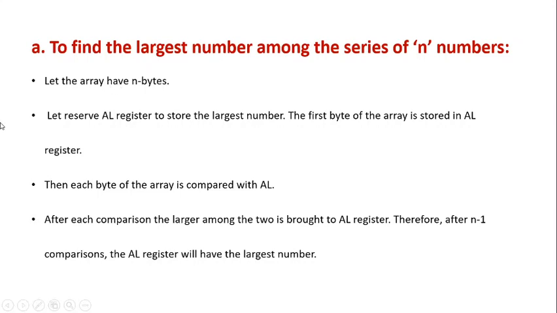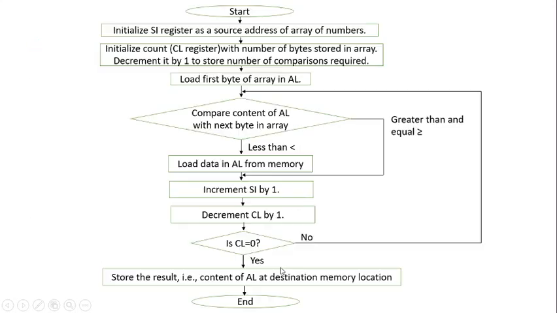We will take the first element of the array in AL, then compare this element with each byte of the array. After each comparison, we bring the larger of the two to AL, and therefore after n minus 1 comparisons, the AL register will have the largest number.